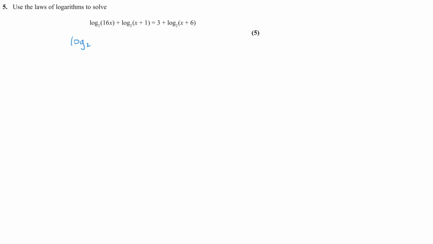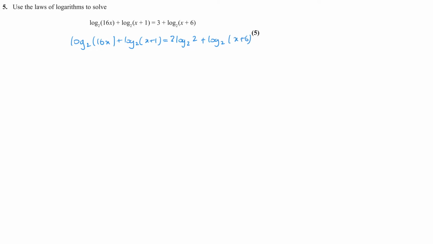So we got log to the base 2 16x plus log to the base 2 x plus 1 equals 3 log to the base 2 of 2, because log 2 base 2 is just 1, isn't it? Plus log 2x plus 6.